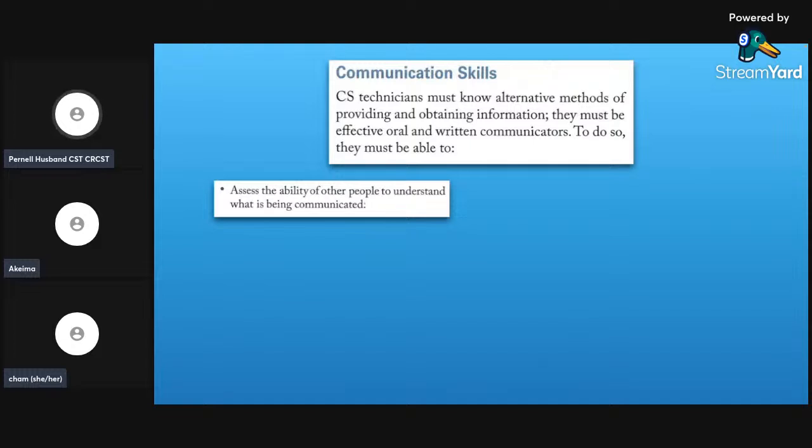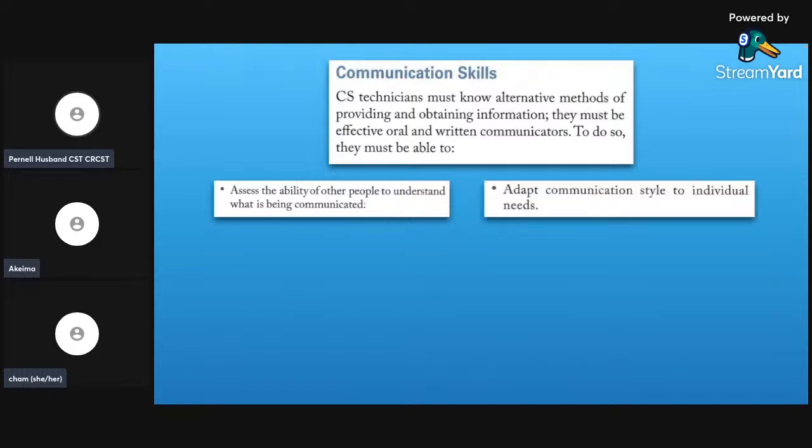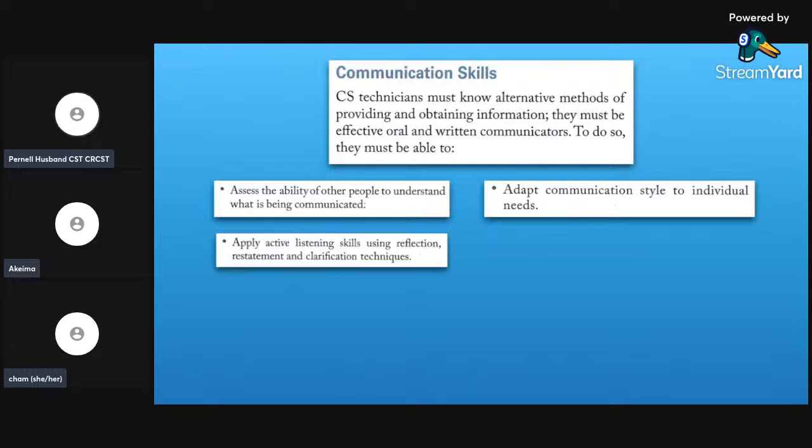Being able to communicate what needs to happen and when it needs to happen, the urgency of what needs to happen is critically important. So obviously on the other end, listening is also going to be critically important, both oral and written communication. You need to be able to assess the ability of other people to understand what is being communicated, be able to adapt your communication style to individual needs.